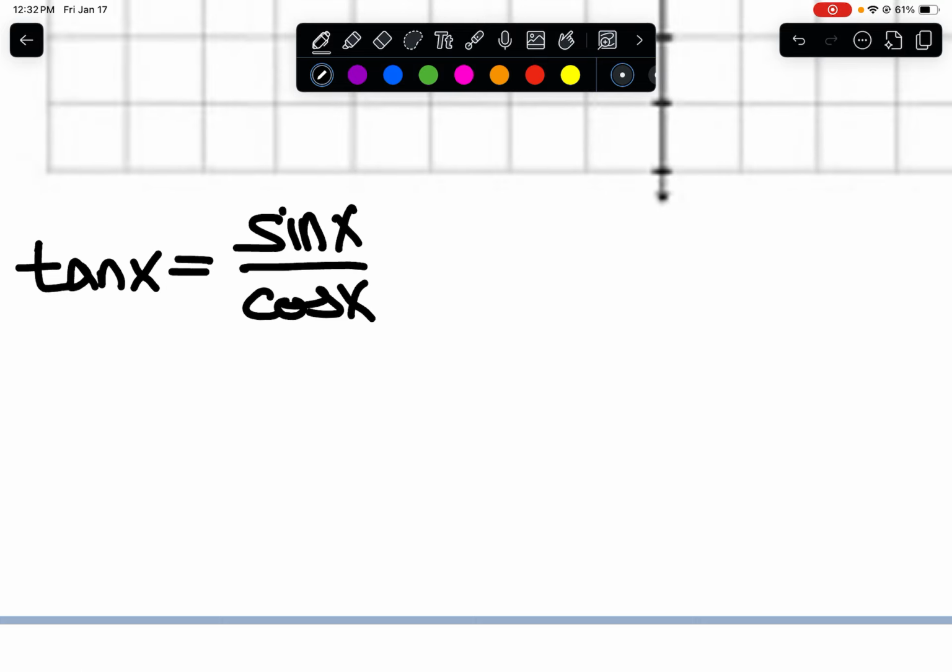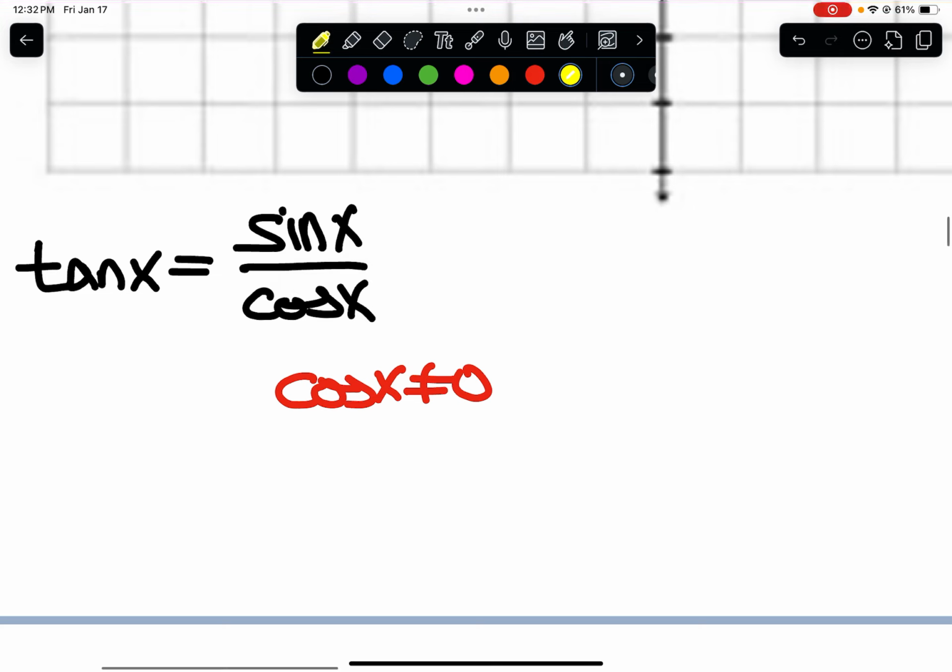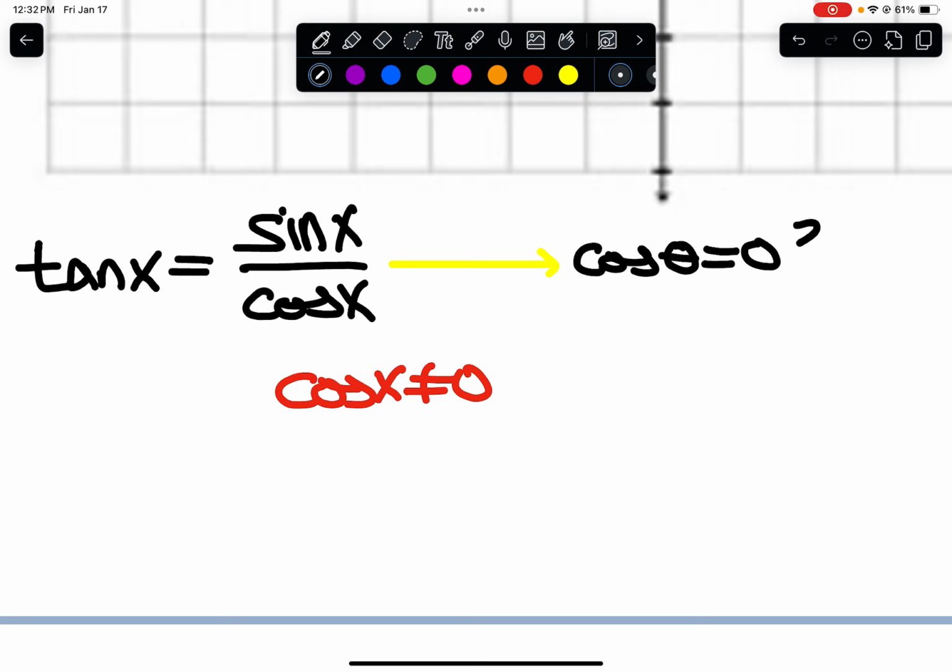Okay, so remember, the one value you can never divide by is 0. So because you can never divide by 0, cosine can never equal 0. So I want to think about when cosine equals 0. I want to know what those theta values are.